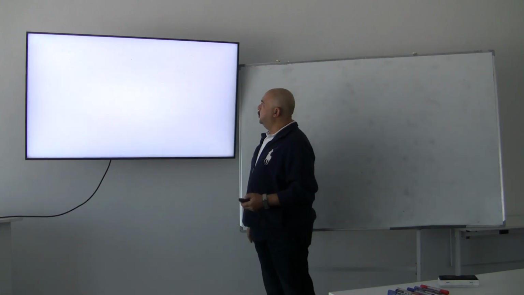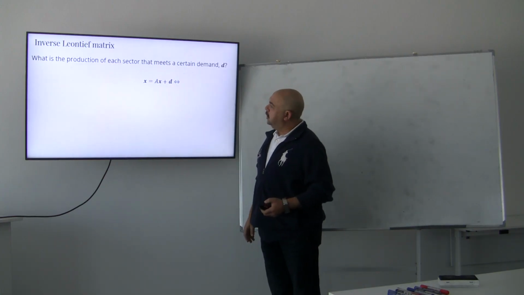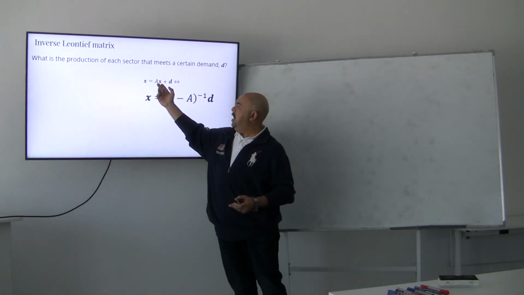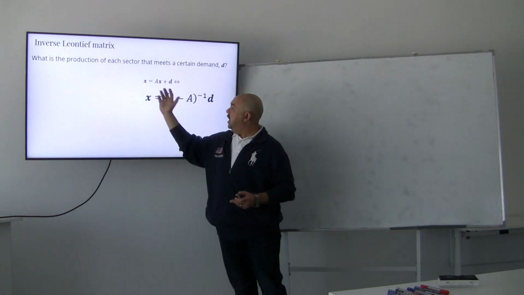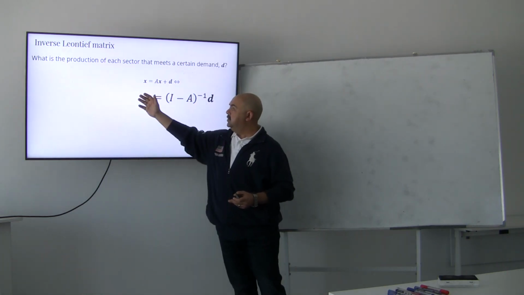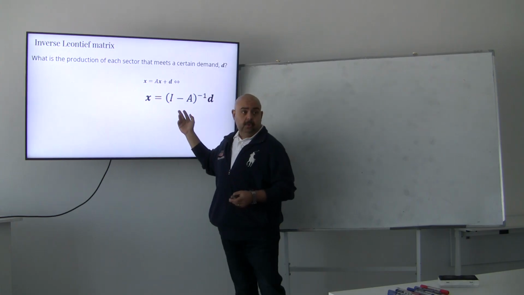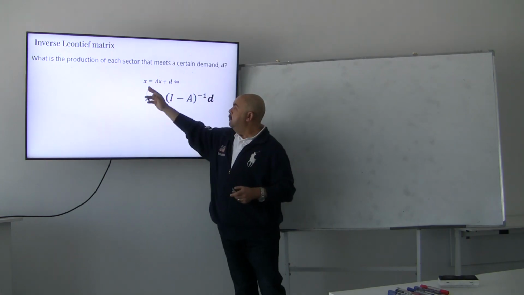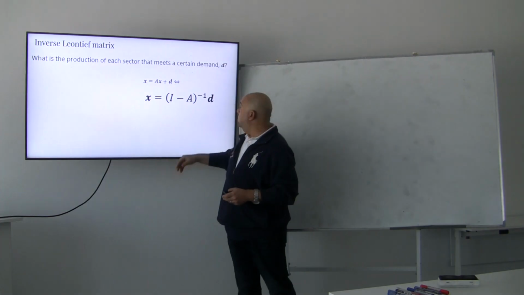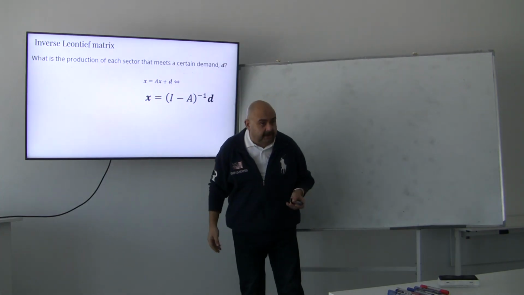Please go through it. Also, if I want to get the inverse Leontief matrix, which is simply just moving AX to the other side, taking X as a common factor, you will have (I - A)X = D. Multiplying both sides by the inverse, you will get X = (I - A)^-1 D, which will supply you with the production needed if you have a certain column of demand.